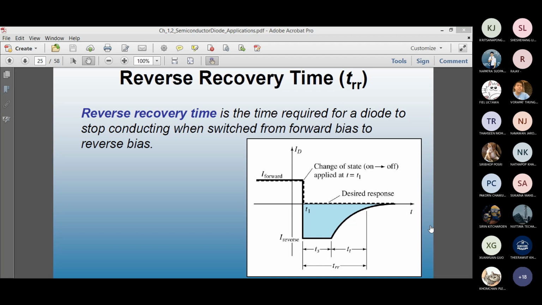Satawat, what current do you expect from changing the state from forward bias to reverse bias?